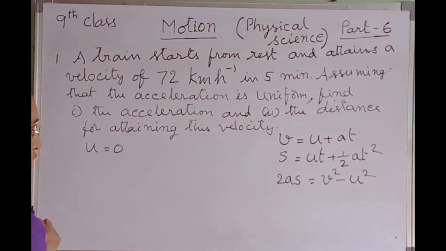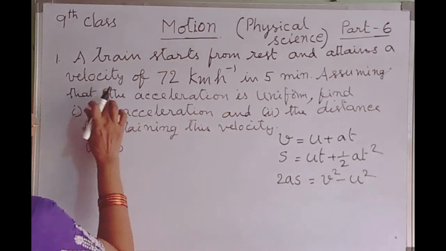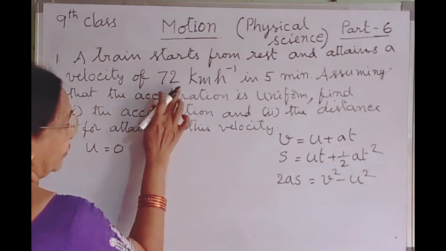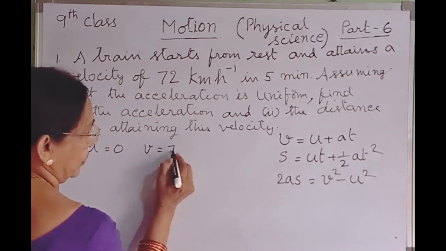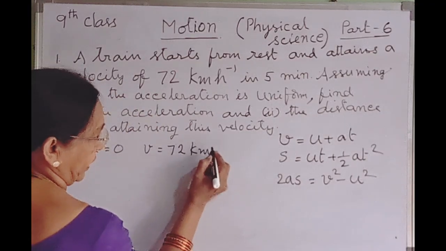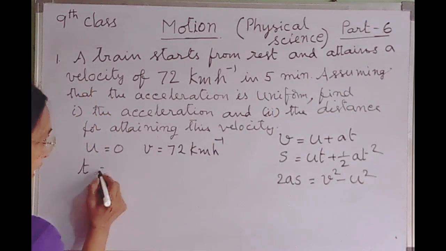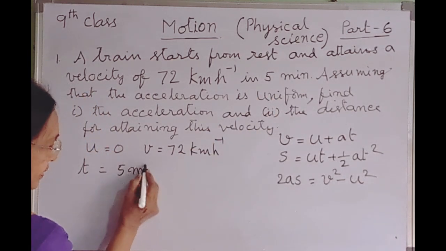Initial velocity is denoted by u, and u is equal to 0. It attains a velocity of 72 kilometers per hour in 5 minutes. Therefore, final velocity v is equal to 72 kilometers per hour, and the time interval is 5 minutes.